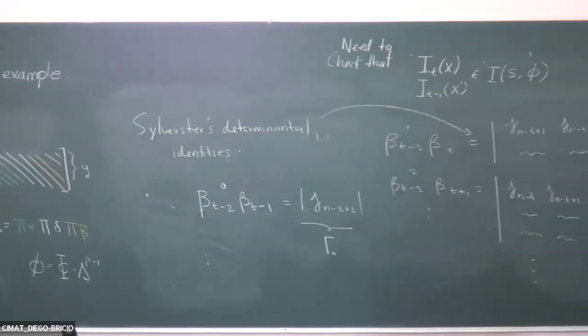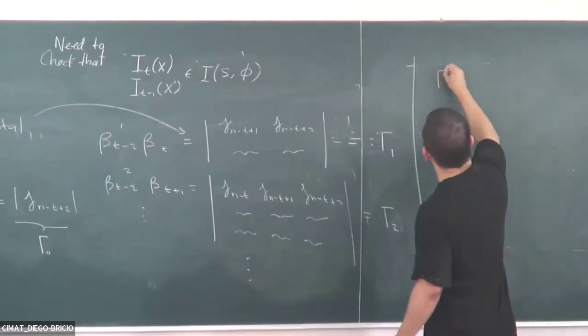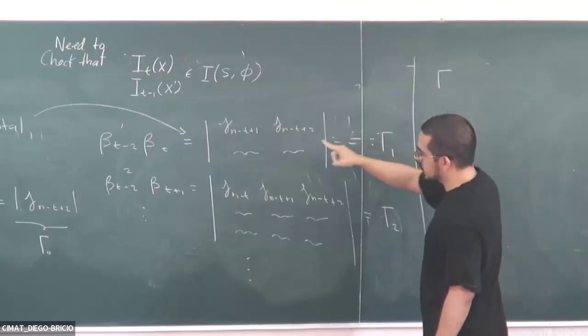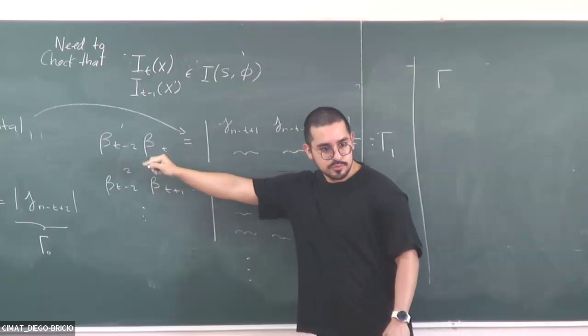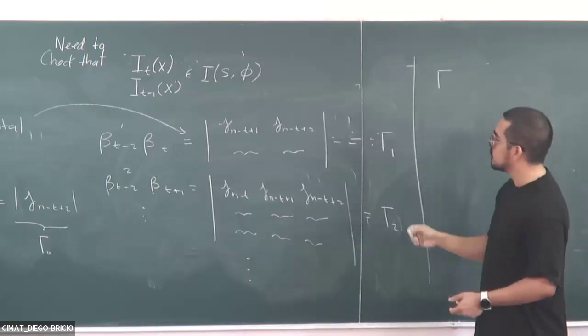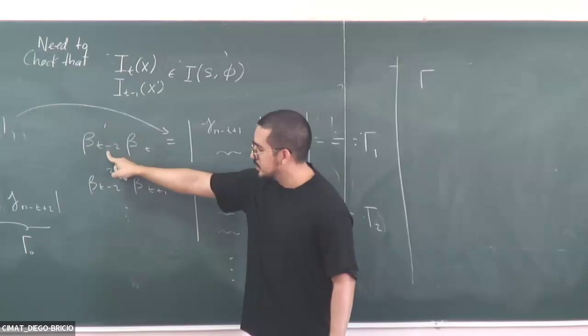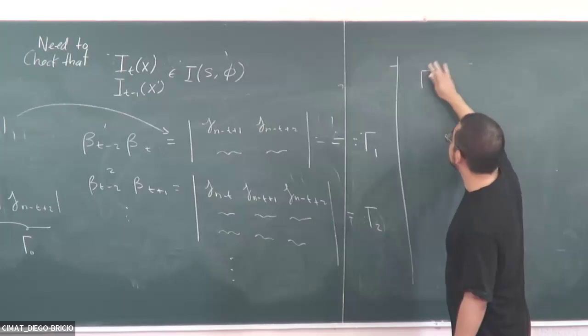So what about these gammas? For instance, remember that this guy, since it is a minor of t minus 2 size, is an invertible element in this ring, because here we are considering t minus 1, and this one doesn't belong there. So you can take this one, put it right here, and you have that.